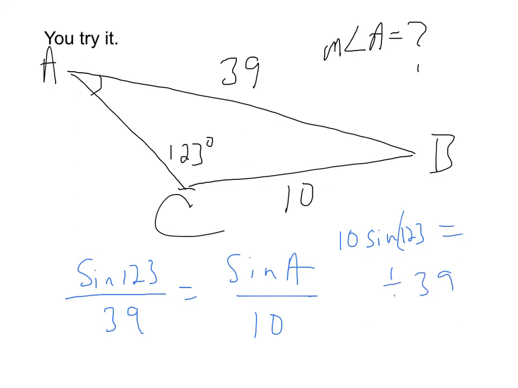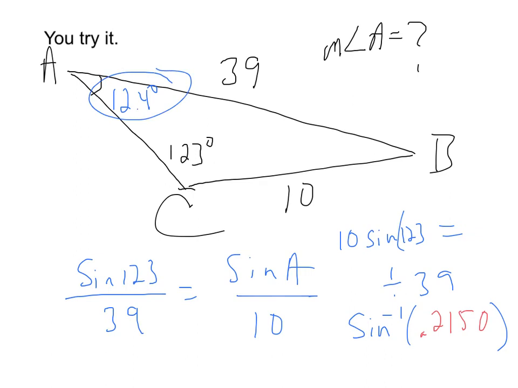And then whatever we get, we're going to second sine it, arc sine it. So when I did this on my calculator, I went 10 times the sine of 123, hit equals, divided by 39. I got that decimal. That's a little rounded. And then I did second sine of that decimal, and I came up with that angle A is 12.4 degrees.